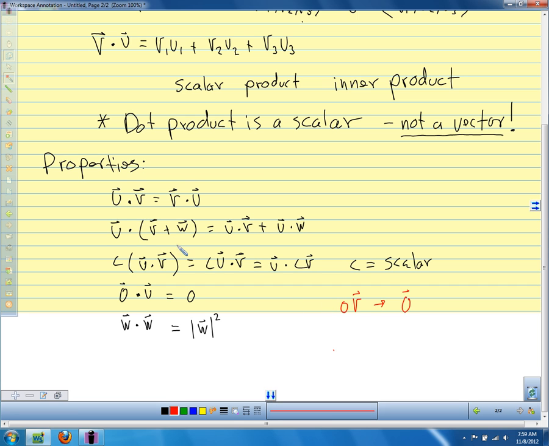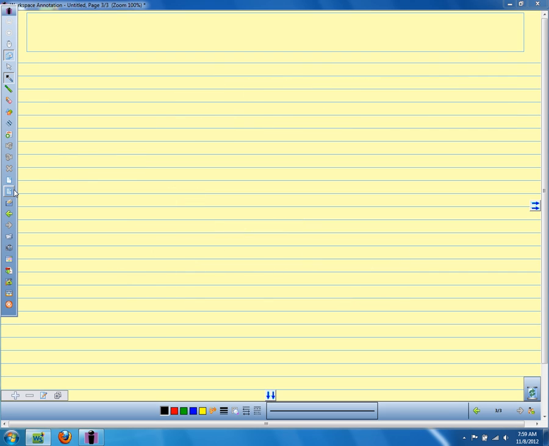All right, let's talk about the dot product and angles, because often we're talking about vectors and the angles between them.